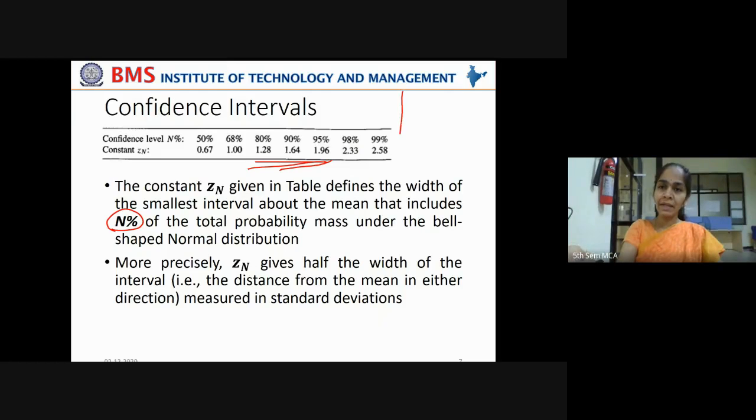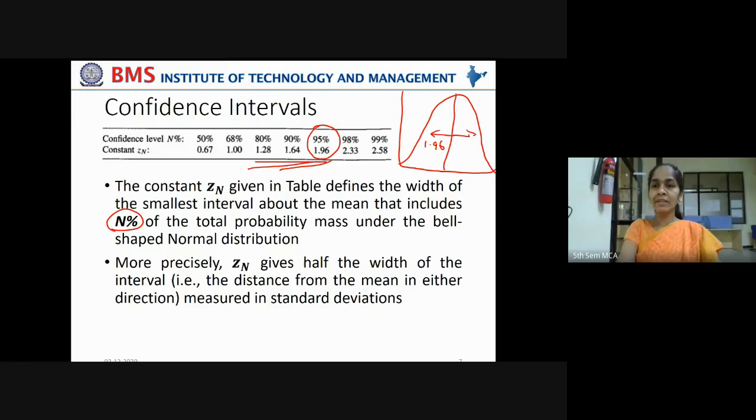So when I take a bell-shaped curve, or my sample following a normal distribution, and I take the mean and consider the confidence interval as 95%, this side it allows up to 1.96 deviation, and this side it allows up to 1.96 deviation, minus 1.96 to plus 1.96, right?